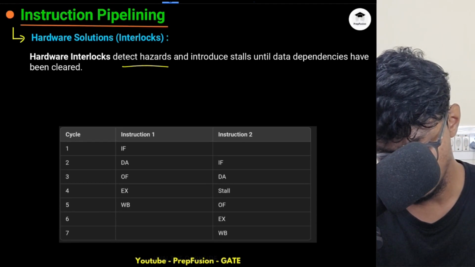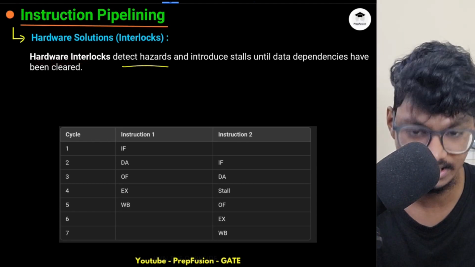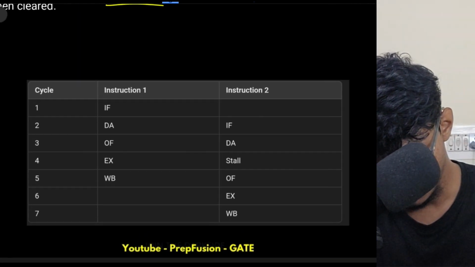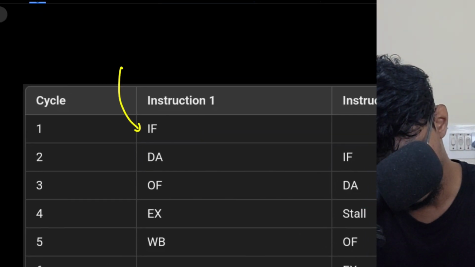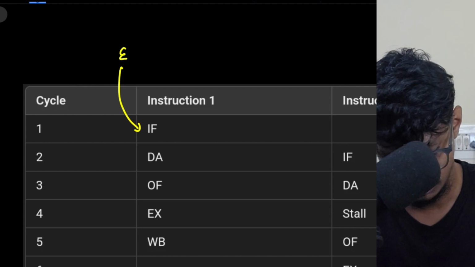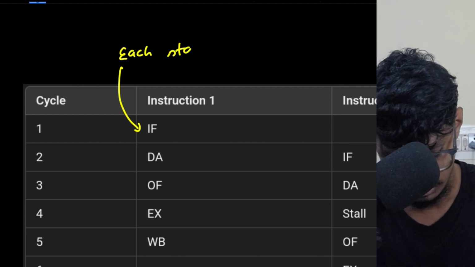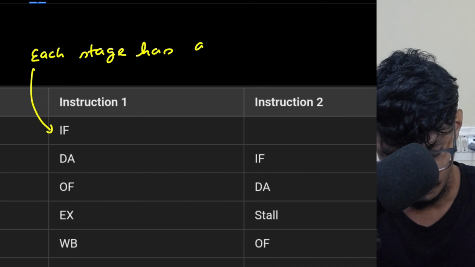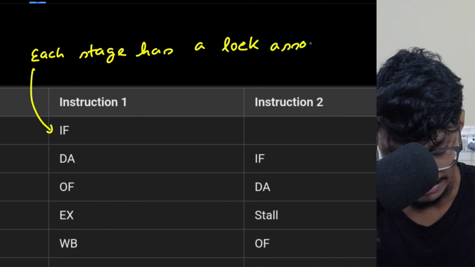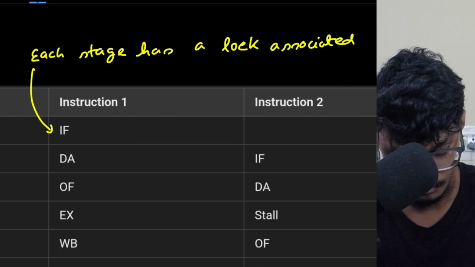Why is it called hardware interlocks? Because each of the instructions, each of the stages, has a lock associated with it.